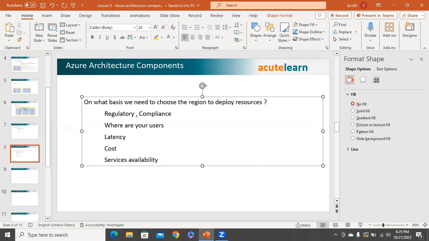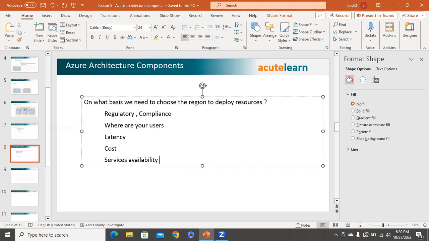So before we finalize a region, we need to consider that I'm going to use compute plus availability sets plus multiple zones, which is required for me for high availability purposes.